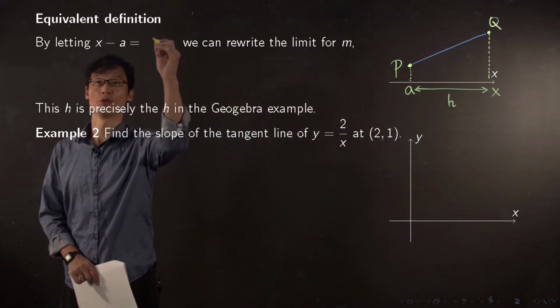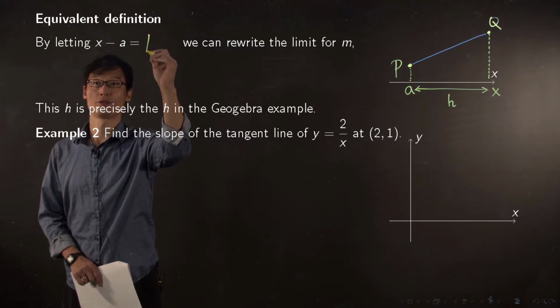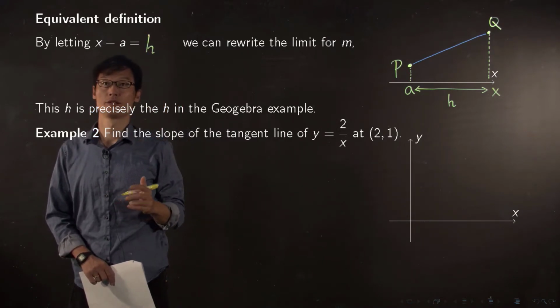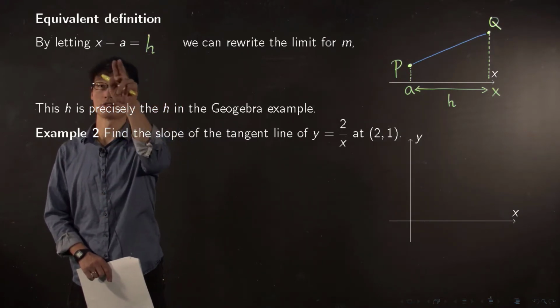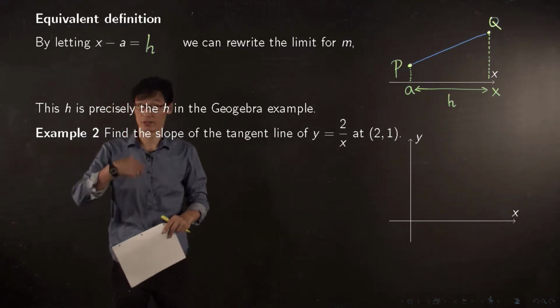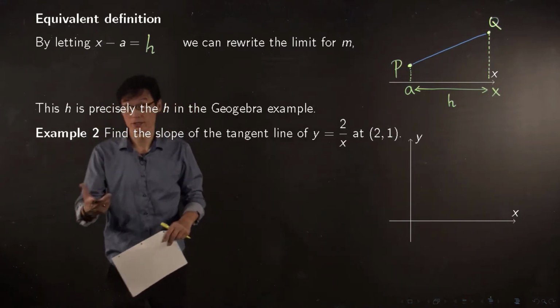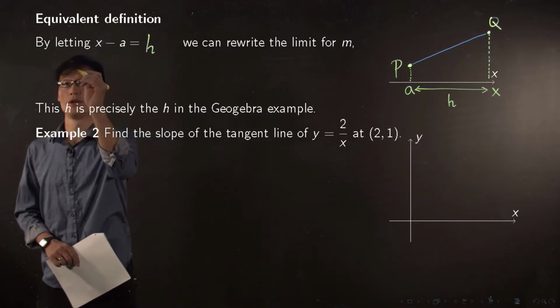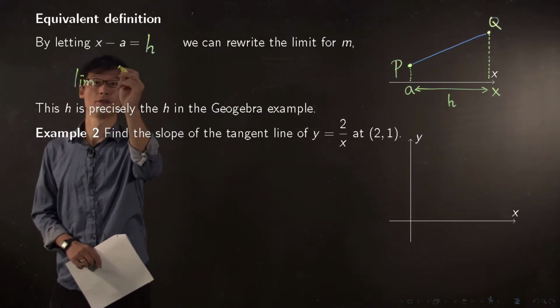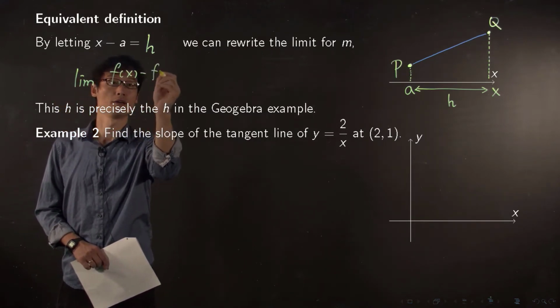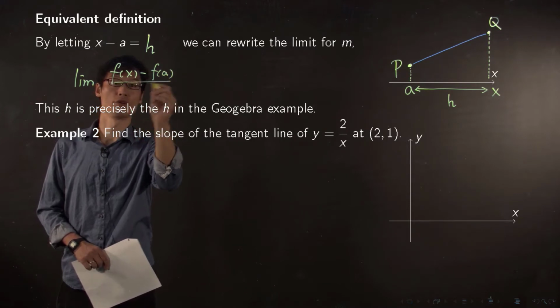So if you let x minus a equal h, we can rewrite the limit to get an equivalent definition. So the limit of rise over run.